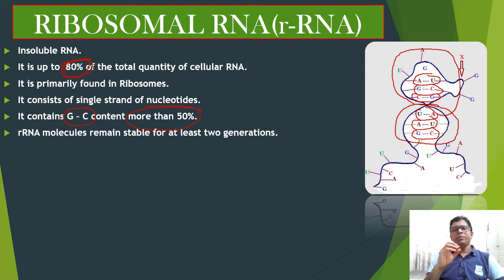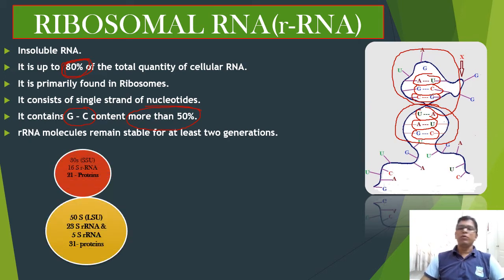In prokaryotes, 70S type of ribosomes are present, as you all know. This ribosome contains two subunits. One is the small subunit and the other is the large subunit.